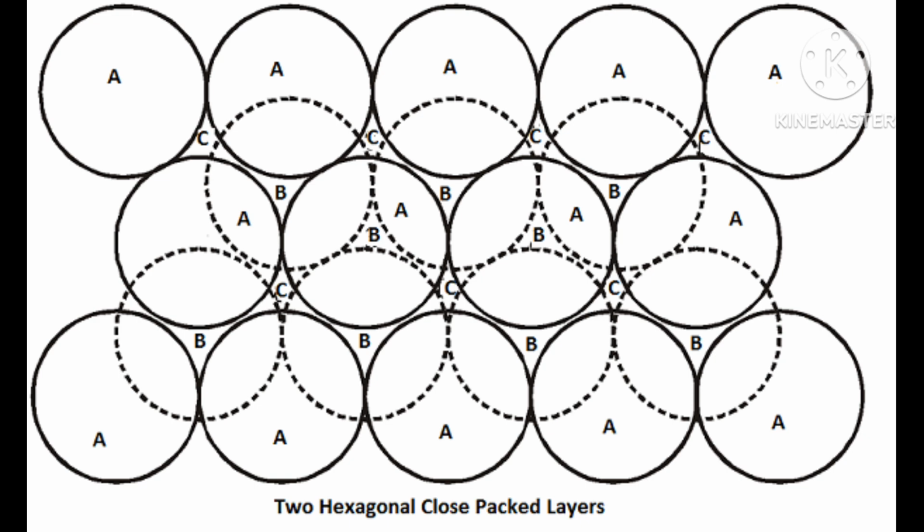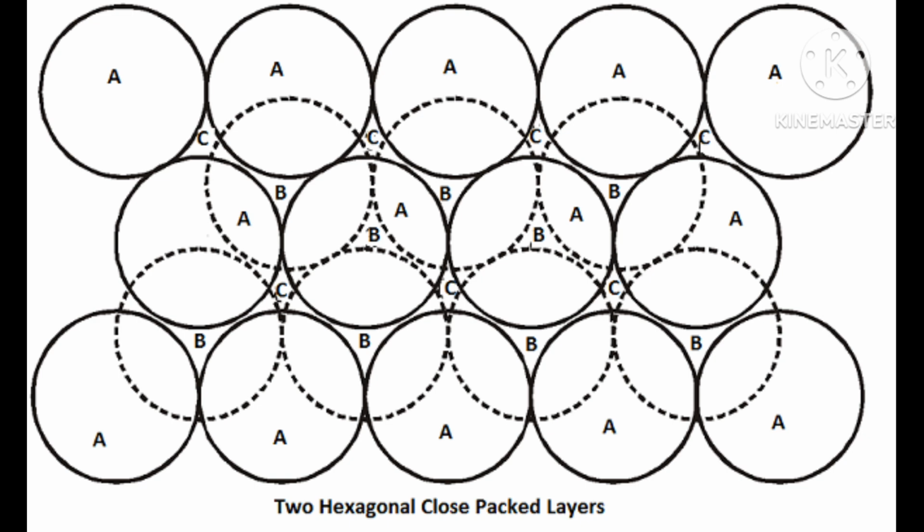Since the spheres of the two layers are aligned differently, not directly, let us call the second layer B.